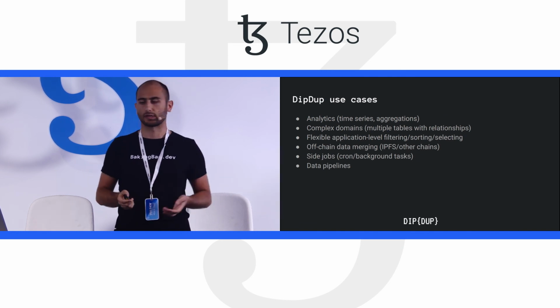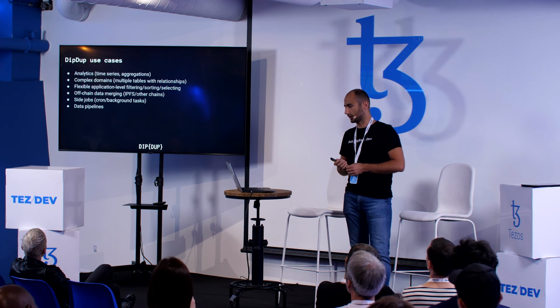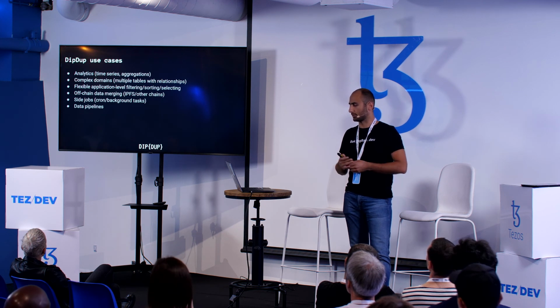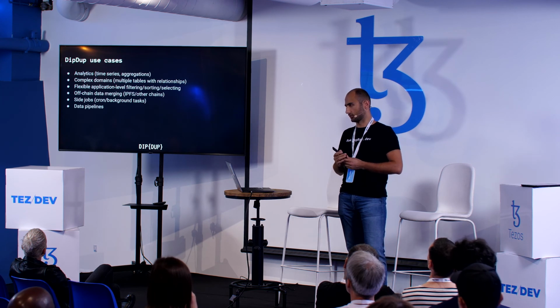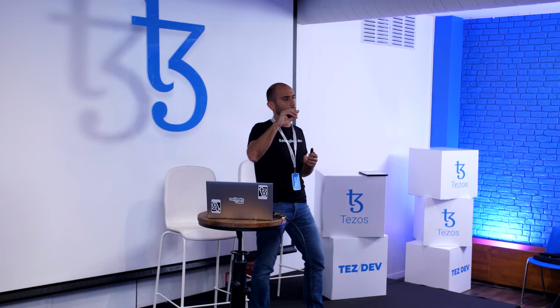Also, you can do some complex domains, multiple tables with relationships, for flexible application design when you need sorting with some fields from your smart contract.